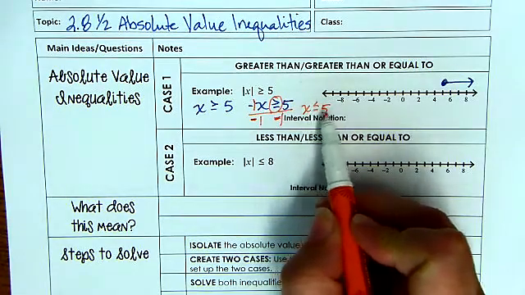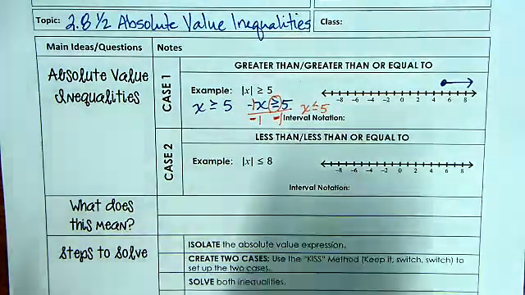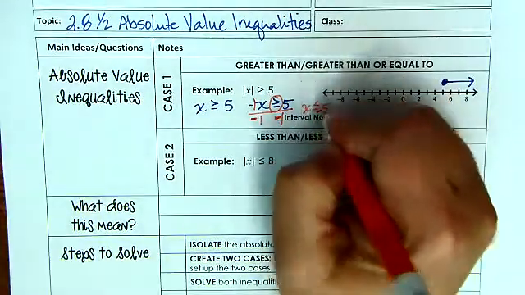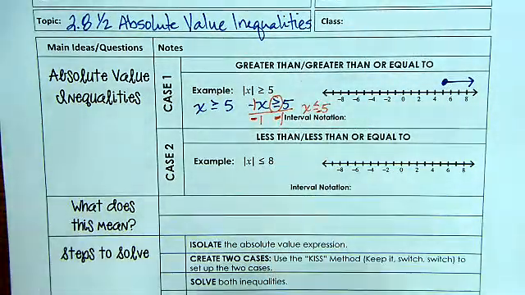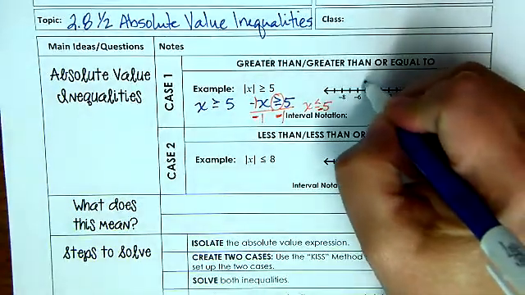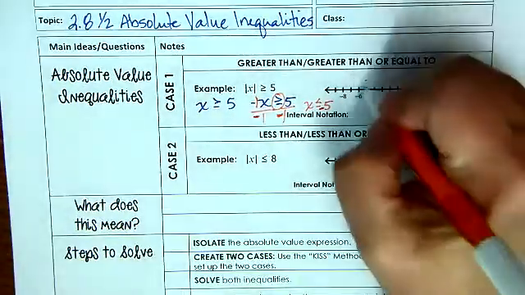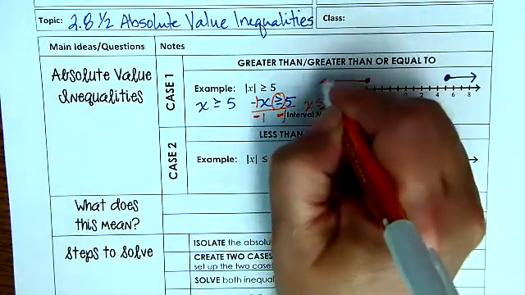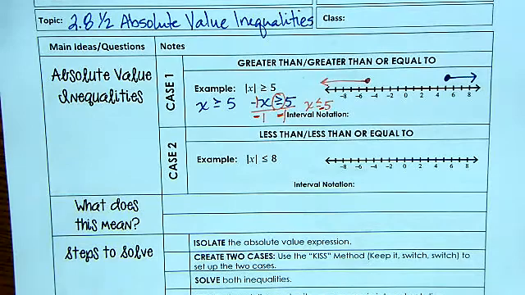X is less than or equal to, oh, that's a -5. Don't forget your negatives, like I just did, because that changes your information. So I go to the -5. This is orange. Filled in circle. And then I'm going less than.